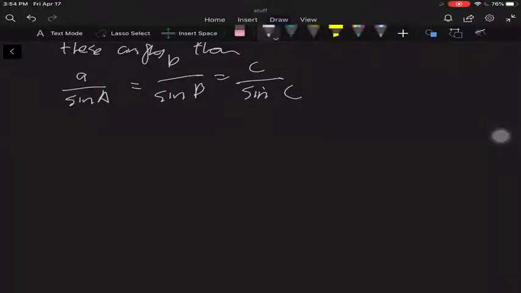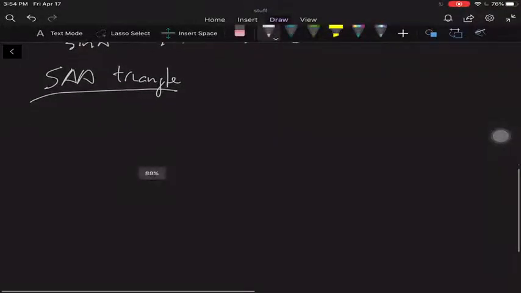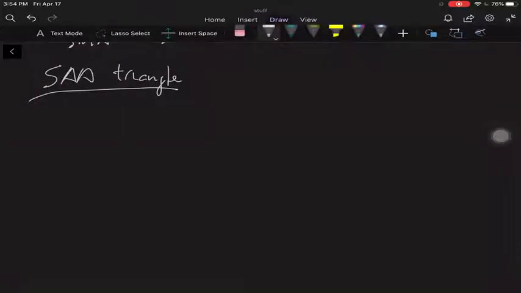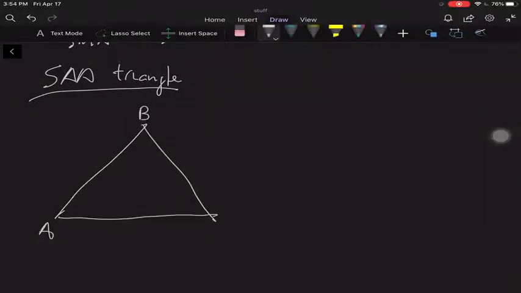The first one we can look at is solving an angle-side-angle triangle using the law of sines. The example given in the book has the following triangle.